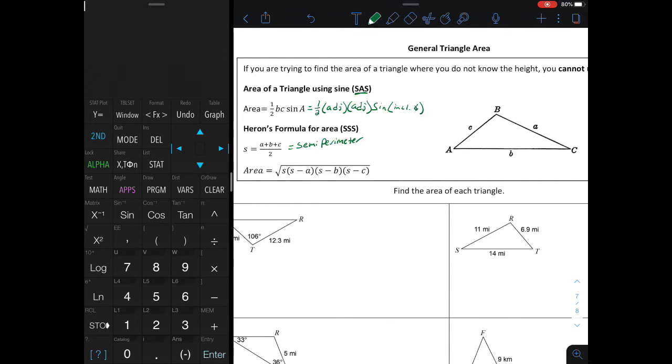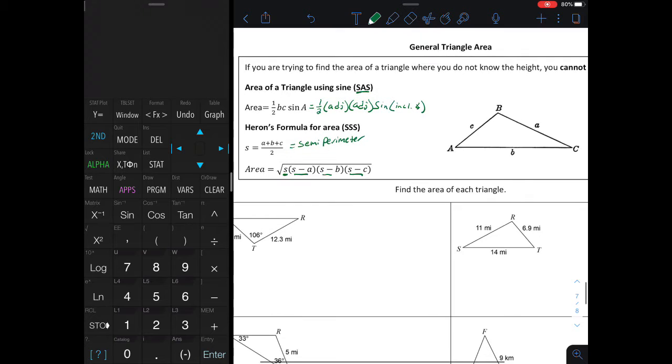That basically means find the perimeter, add all three sides together, and divide by 2. Heron's formula says that the area can be approximated by taking the square root of the following product: the semi-perimeter times the difference between the semi-perimeter and each side. And that would give you an approximate area value.